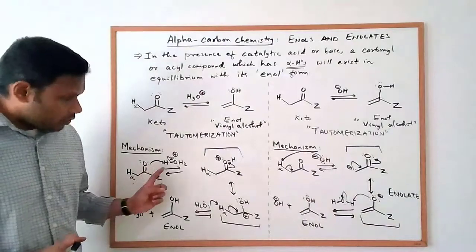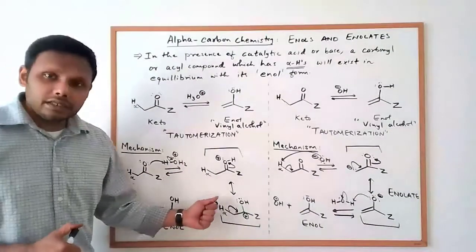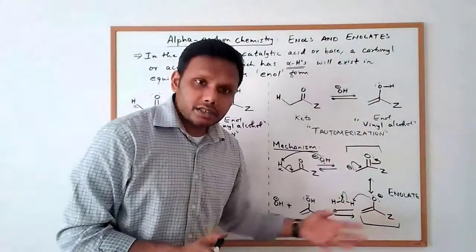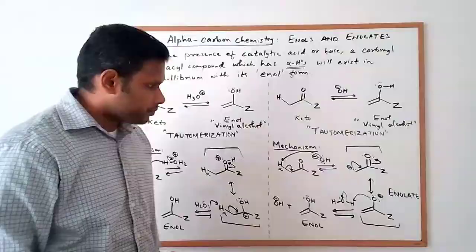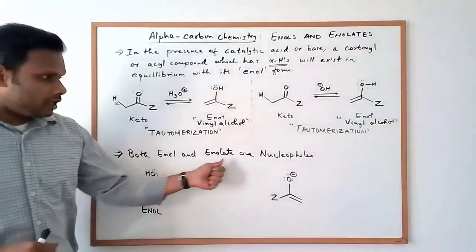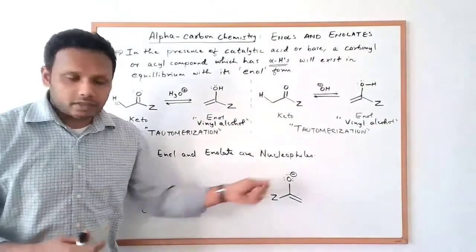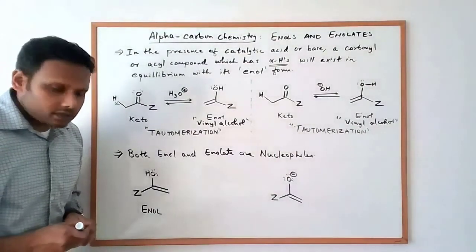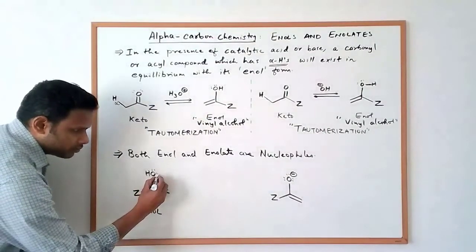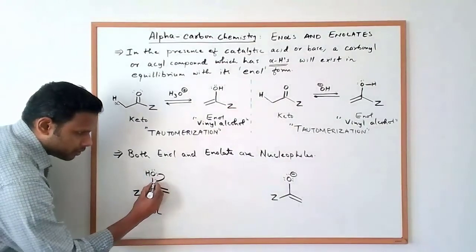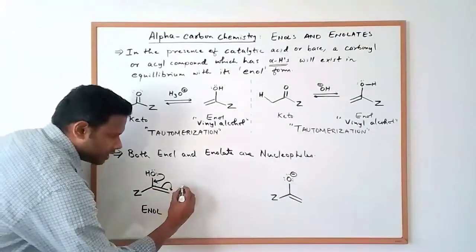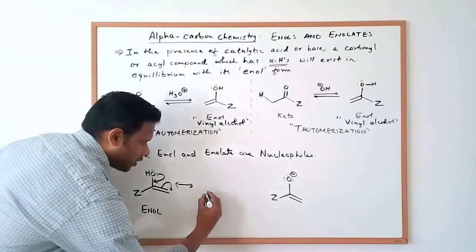And notice how we do not come across an enolate species under acidic conditions. But under basic conditions, the enolate is possible. Now, both the enol and the enolate can behave as nucleophiles. So as far as an enol is concerned, a nucleophilic attack involving the enol would look something like this, where we can use the lone pair on this oxygen and draw a resonance form where we have a negative charge on that carbon.